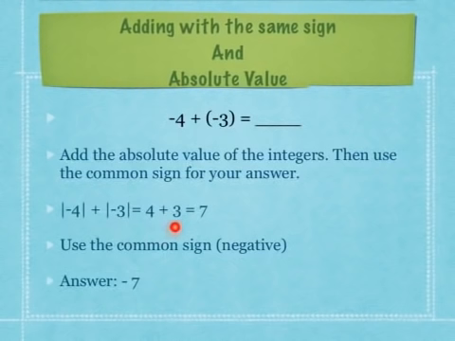Because remember, absolute value is always positive. So 4 plus 3 equals 7. The second step is to use the common sign. Well, in our original problem, the common sign is a negative because we have -4 and -3. So our common sign is negative. We apply that and our answer becomes -7.